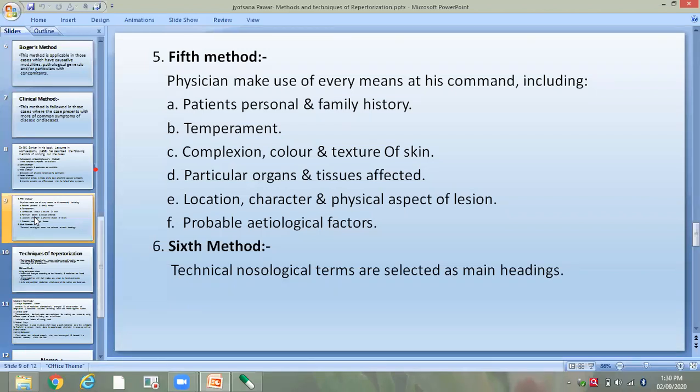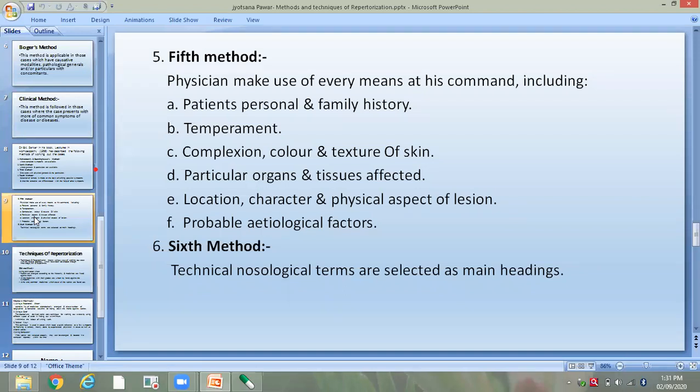Then in such cases, we take the patient's personal and family history so that we can understand the family background, or whether any disease condition is present in his family. Then we find out the temperament of the patient. We observe the complexion, color and texture of the skin.